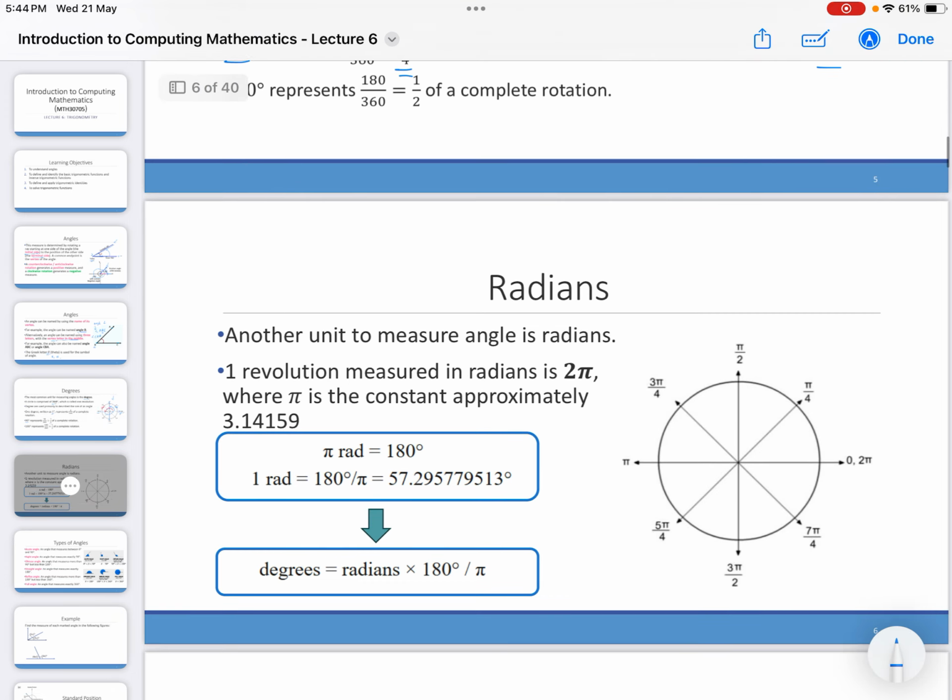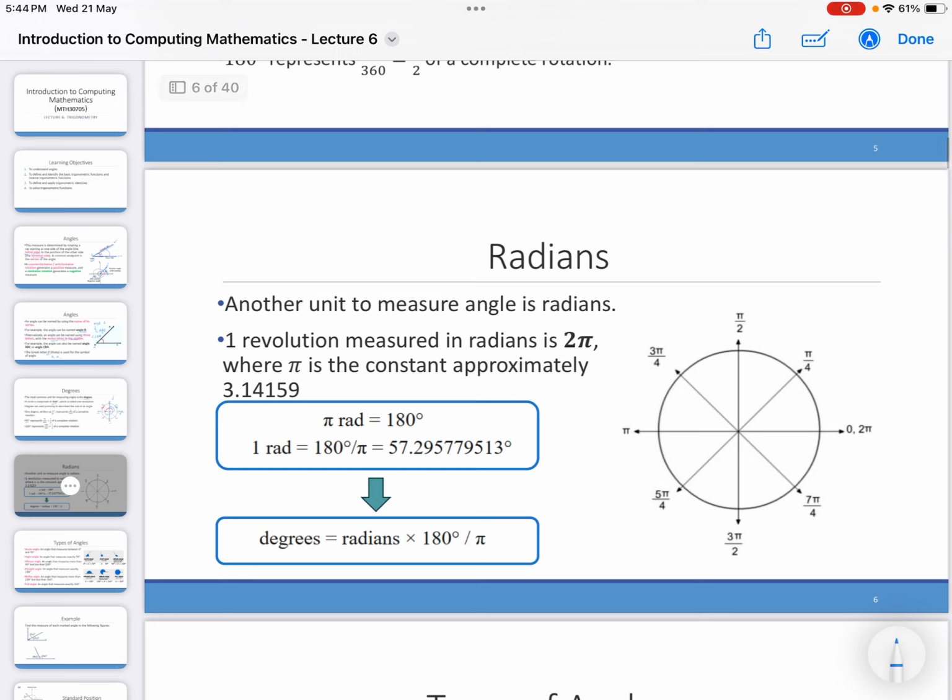Okay, another unit to measure angles is radians. One revolution or one rotation measured in radians is 2 pi. So starting from the positive x-axis, one complete rotation is 2 pi. Over here we start at 0, and then we get 2 pi here.